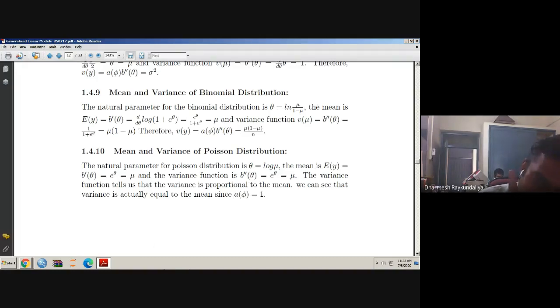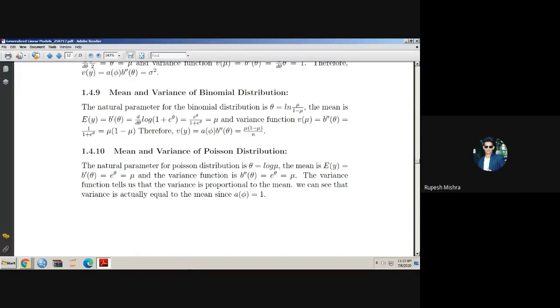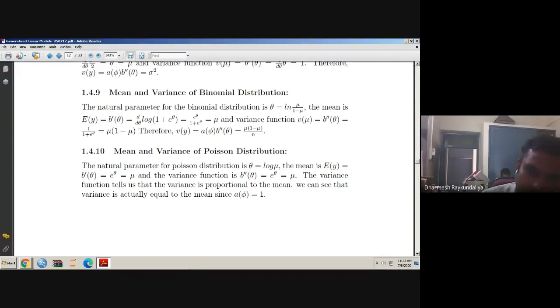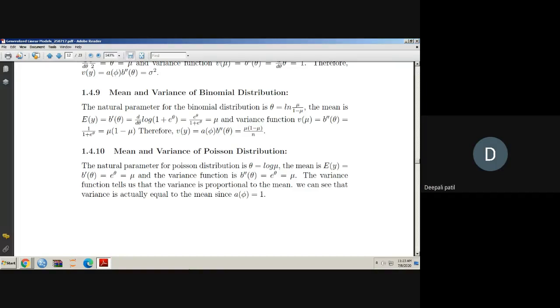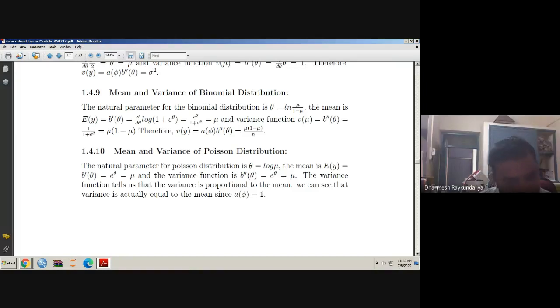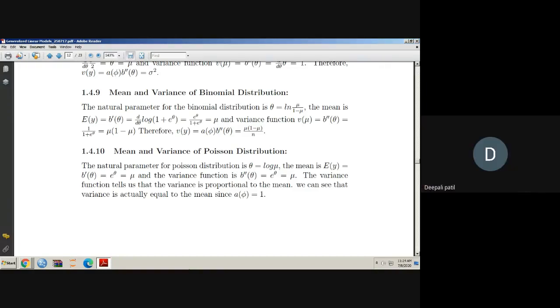We have seen two assumptions while applying generalized linear models: one is uncorrelatedness or stochastic independence, and the second, the second order property, is that variance is a function of mean.